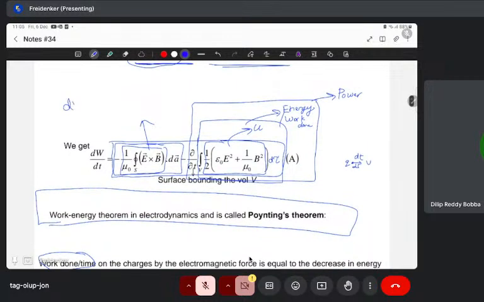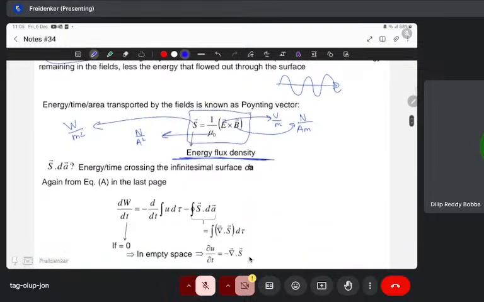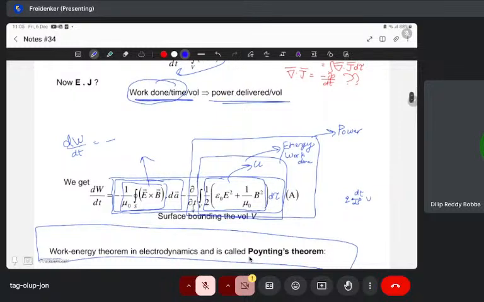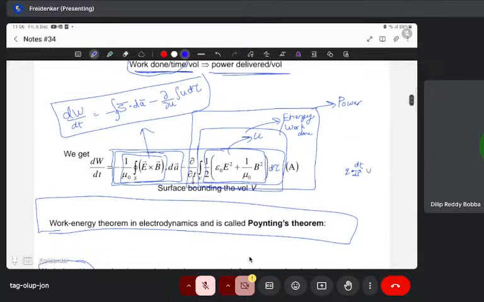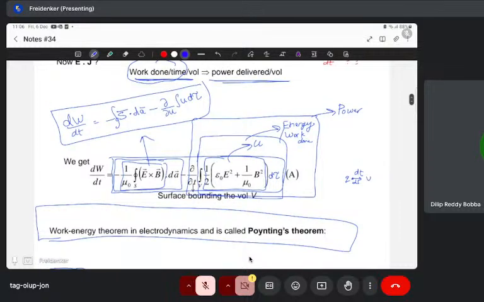So dW by dt is minus S bar dot dA bar, minus dou by dou t of, we're integrating u. Fine, I rewrote this. We know what is S, we know what is u. This is t.